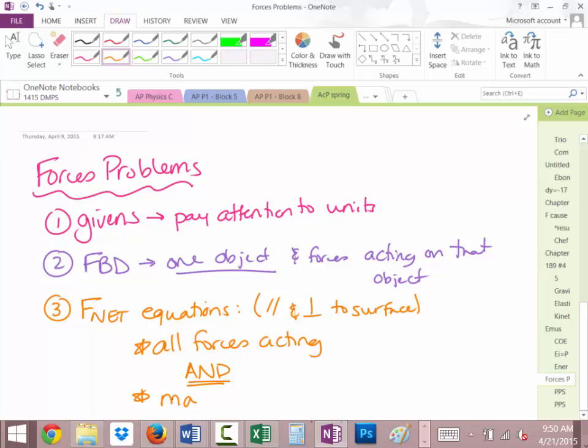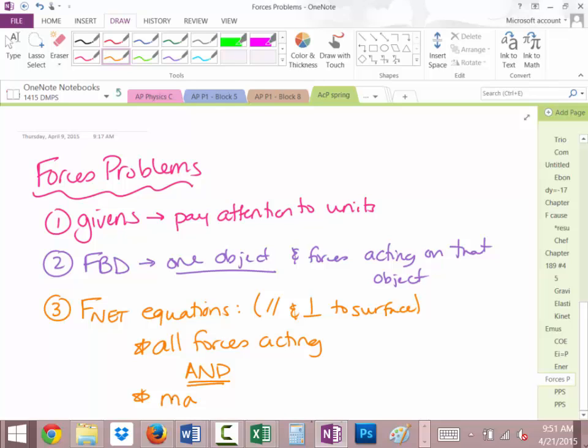This is super important. If you don't acknowledge this, then you haven't done good physics. I saw a lot of tests where you had all the forces, but then you didn't say this. If the acceleration is 0, you can just write it as 0. That's fine. But you have to say that's true.